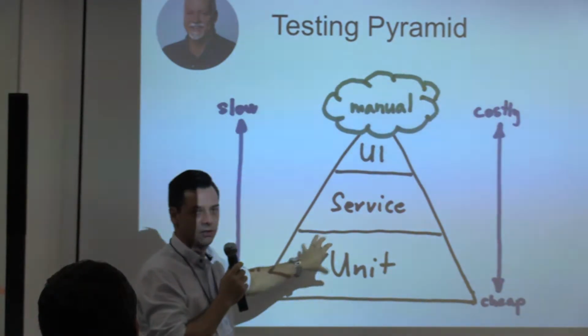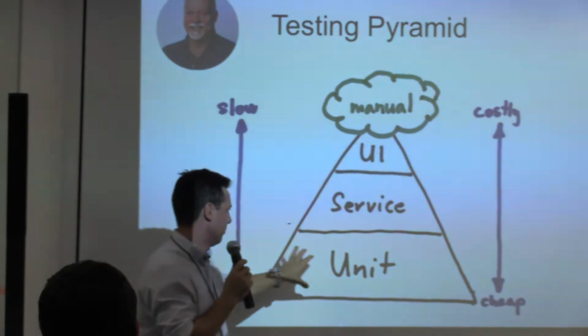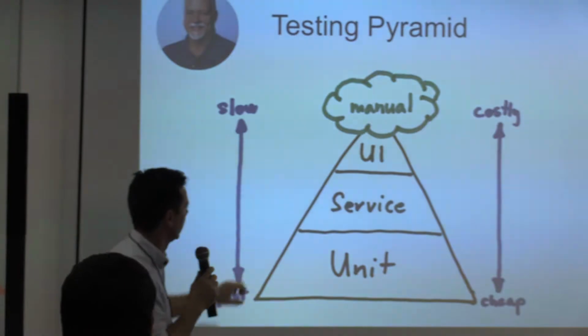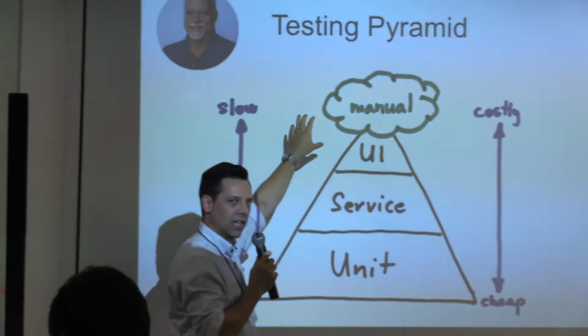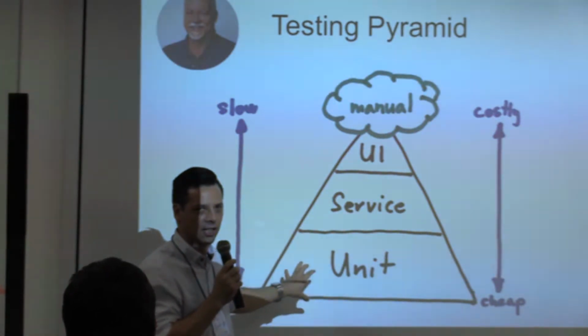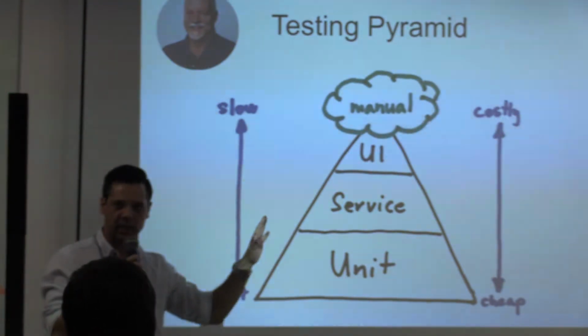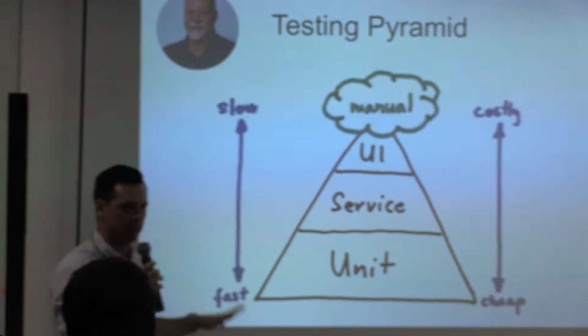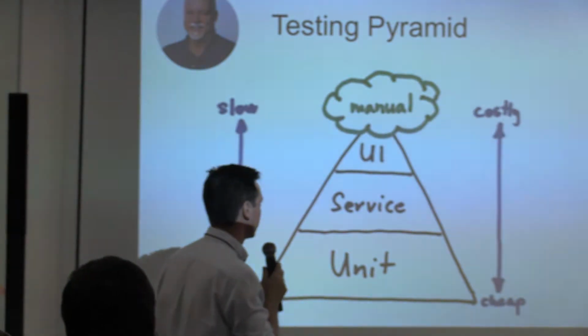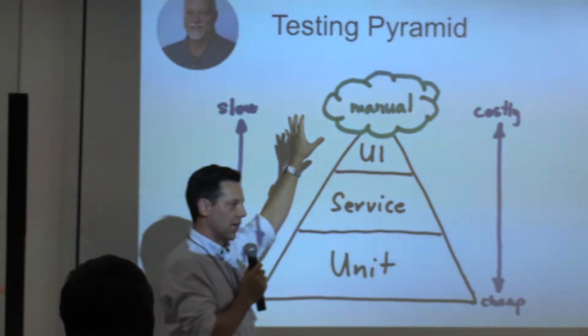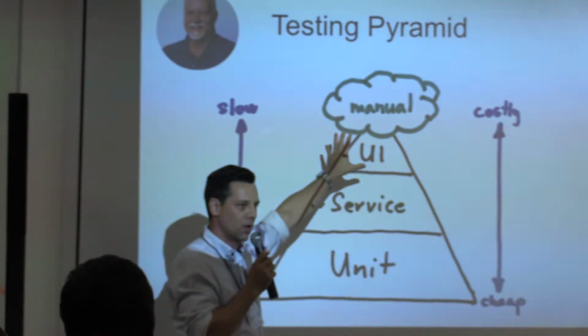So it might be faster and cheaper to write a test that, given a password, it hashes really well, but if my user can't log in, it's pretty irrelevant. I want to park that thought and let you take it and introspect on it in your own time. But what I'm trying to get at is I don't think you should ignore what's happening at the top of the pyramid.